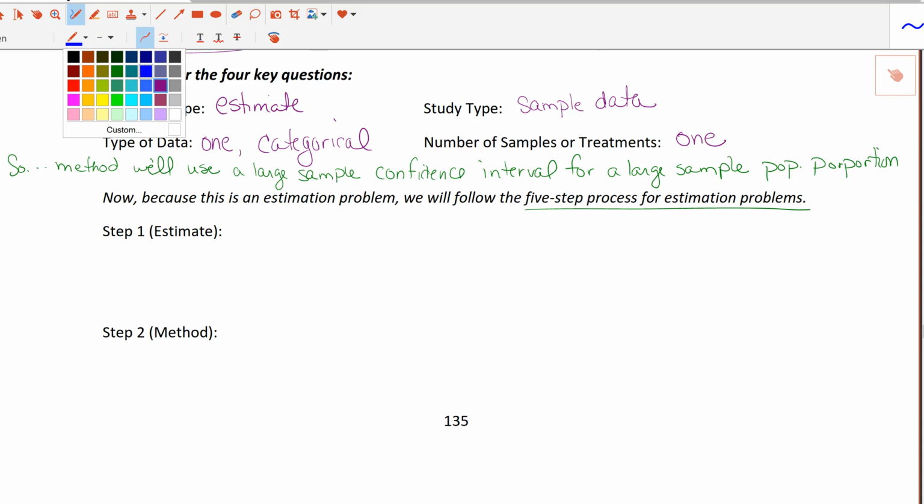So let me go back. First of all, step 1, we have to come up with the estimate, right?